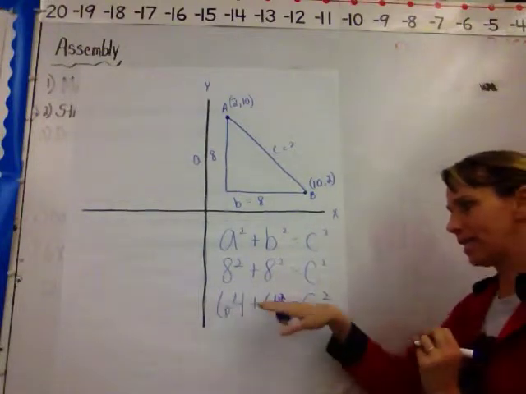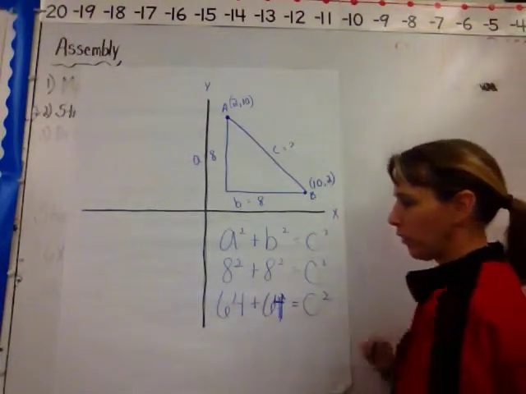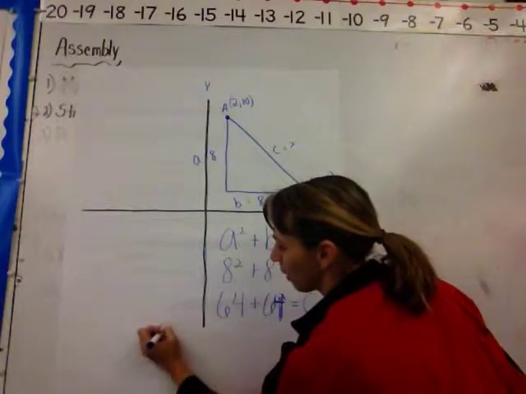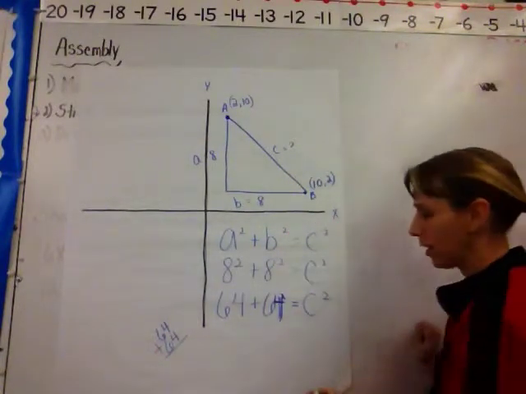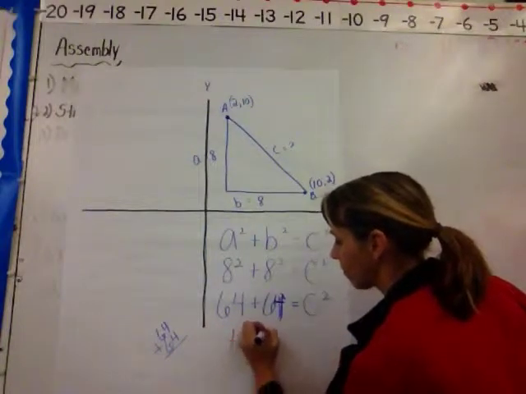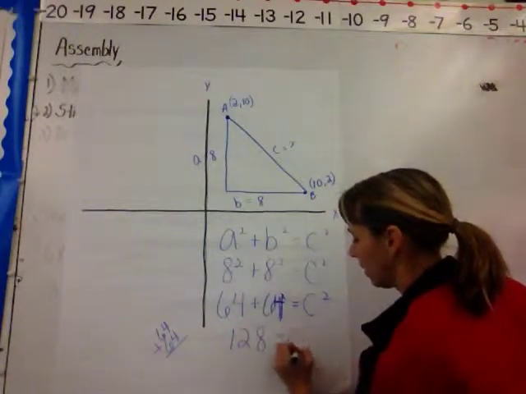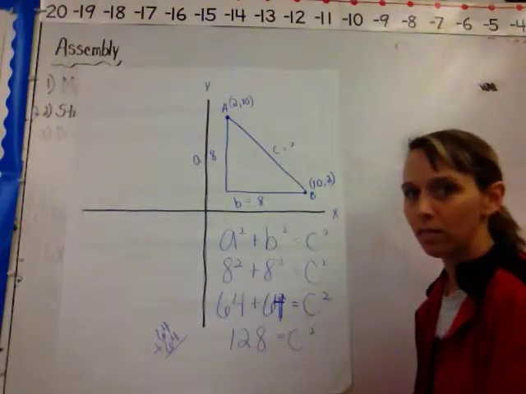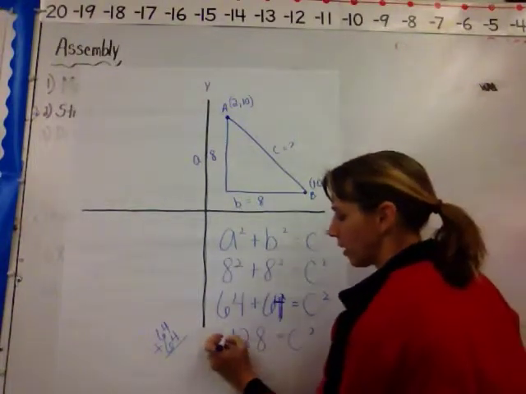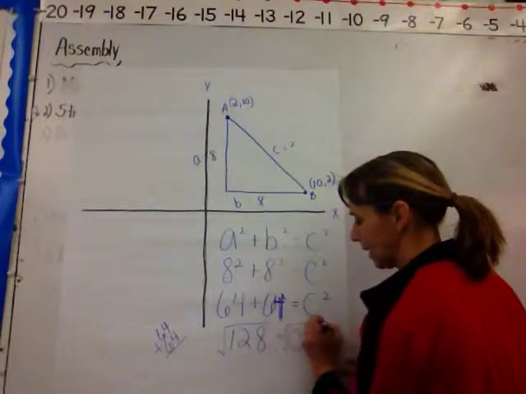From that point, I still need to add these 2 together. So 64 and 64. If you don't know, you can add them together in your calculator. It's 128 equals C squared. And your final step of the Pythagorean theorem is to take the square root of both sides.